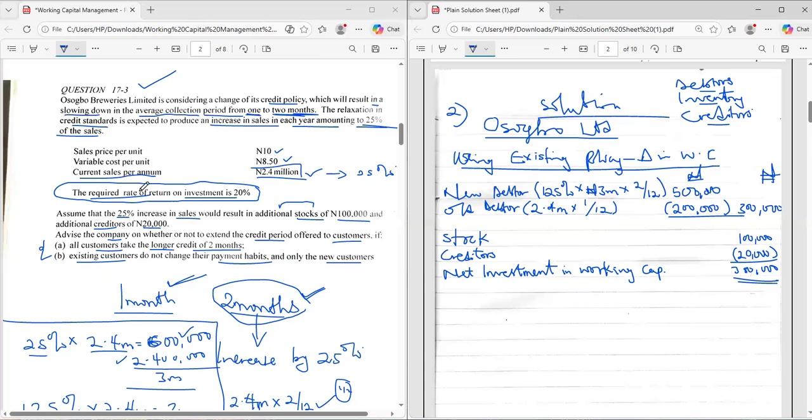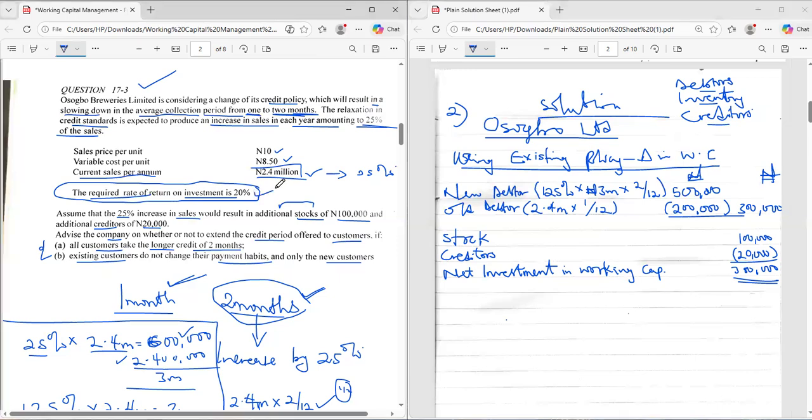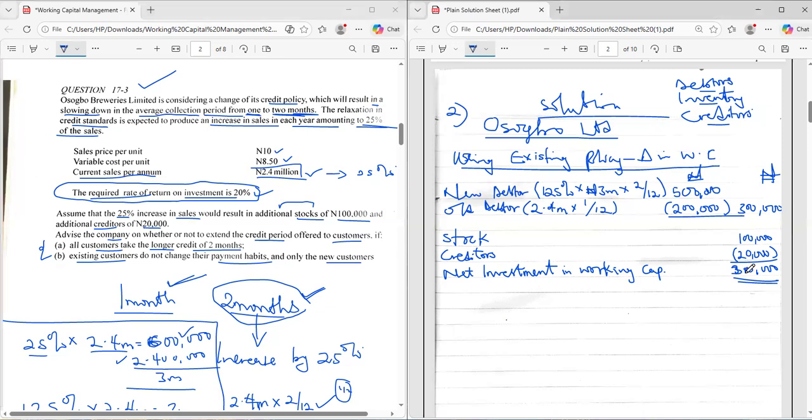Please take note, the required rate of return on investment was 20%. What this statement means is that if the shareholders decide to give you 380,000 to run the business, what they are expecting from this 380,000 is 20%.